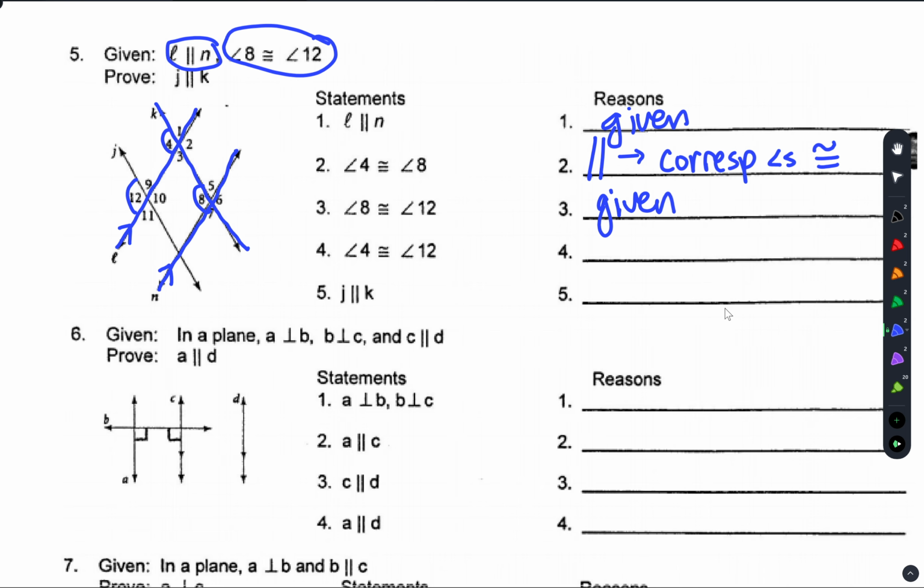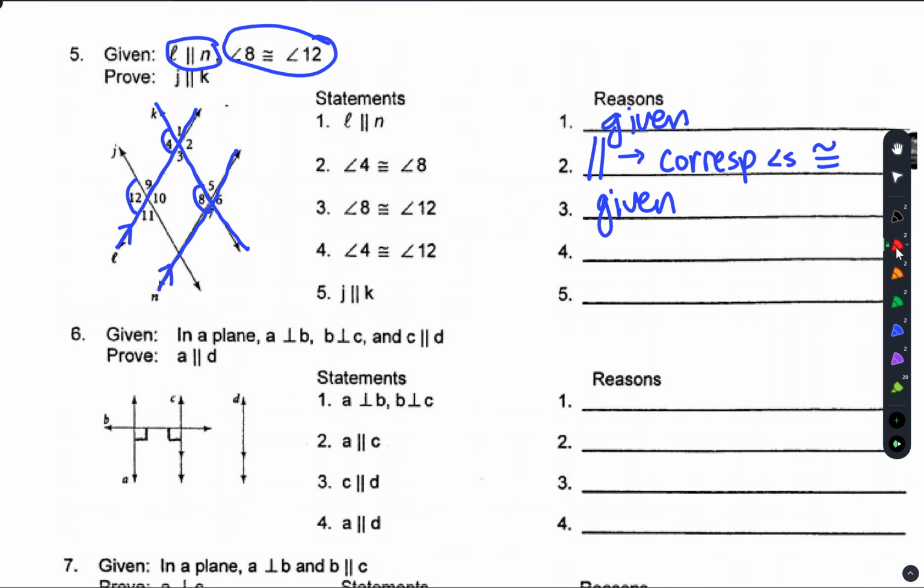Step 4 tells me what? 4 is congruent to 12. Why? This one's tricky. What do we think? Go ahead, Casper. That is the most common mistake.